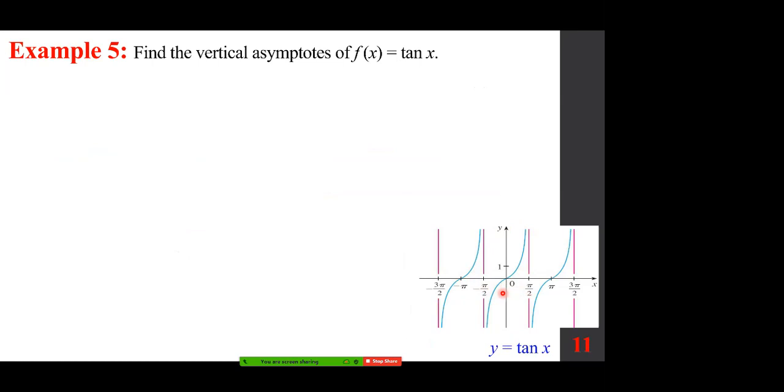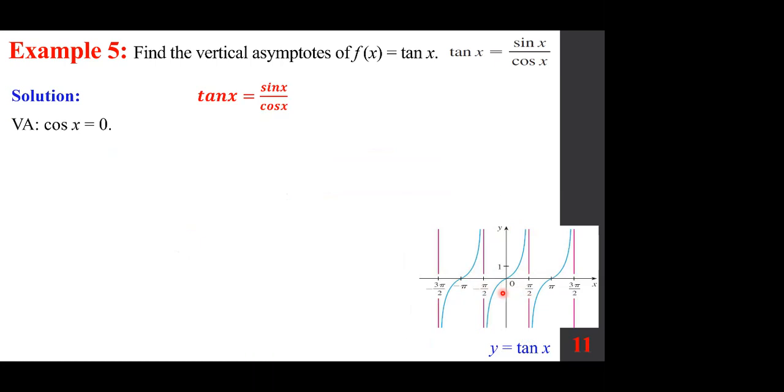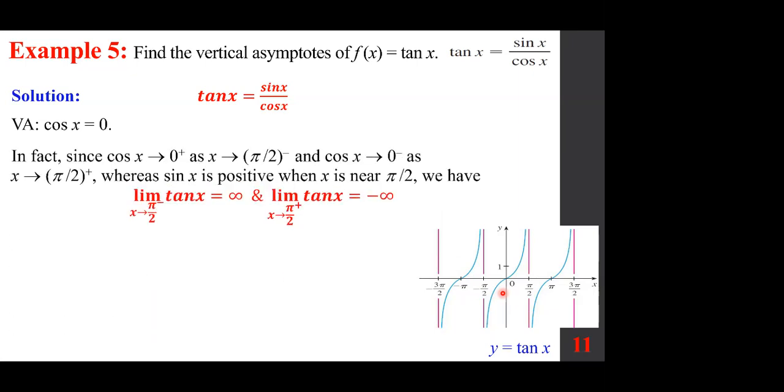Or if you write it as sine over cosine, wherever cosine is 0, that would be VA, again, short for vertical asymptotes. So the graph is giving us the answer, also sine x over cosine x. So I hope you see that cosine x is 0, at what points?